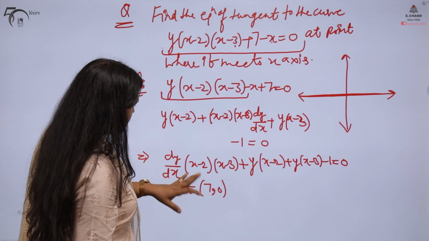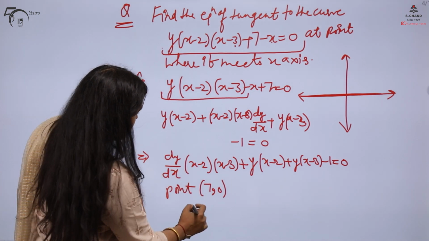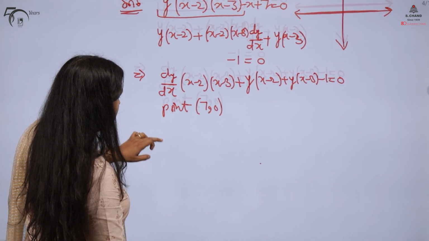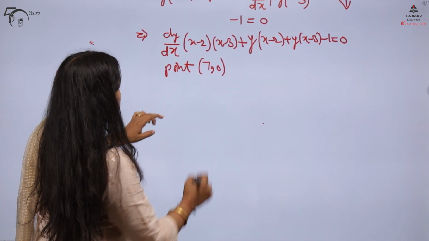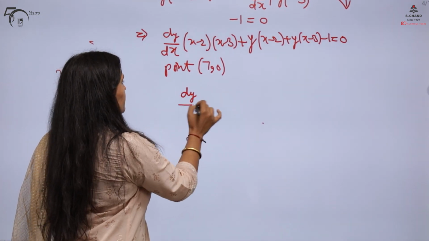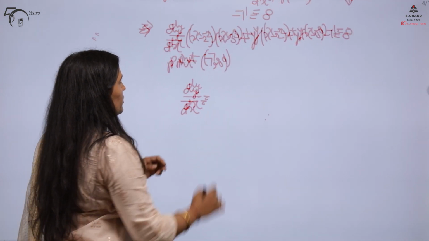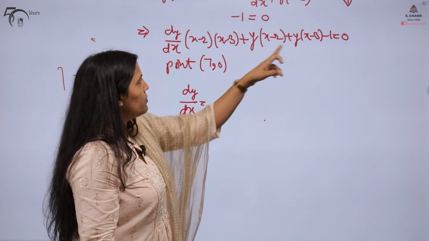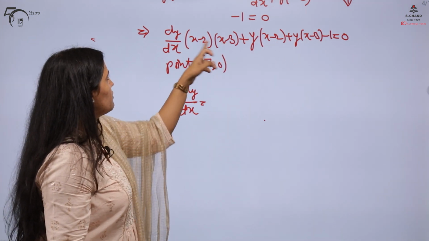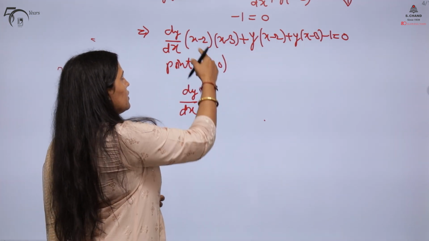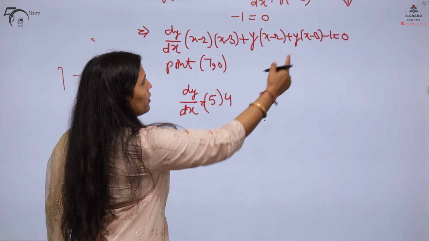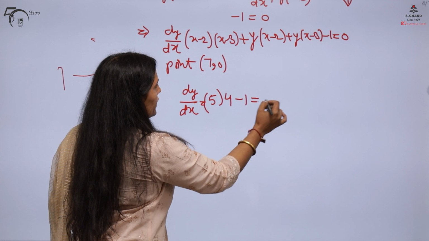So now at the same point we are calculating the derivative. Just check what the derivative will be. So dy by dx, put in the point. y is 0, so these terms are 0, just check this term only. This will be 7 minus 2, 5, 7 minus 3, 4, that is 20, minus 1 equal to 0.